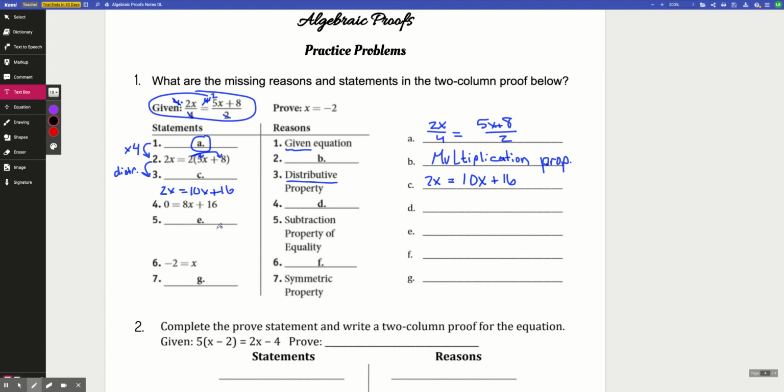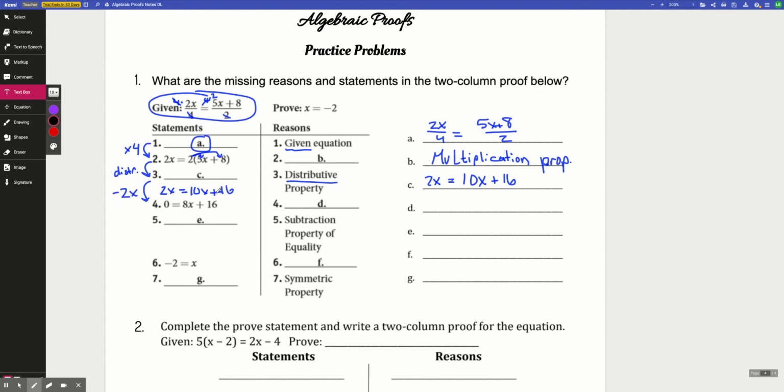Okay, so now I have to ask myself again, to figure out the reason for step 4, what changed from step 3 to step 4? What did they do? How did I arrive at step 4? So what changed was this 2x now is over here, right? And we did that by subtracting 2x.